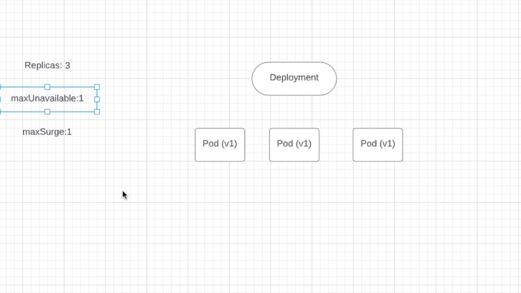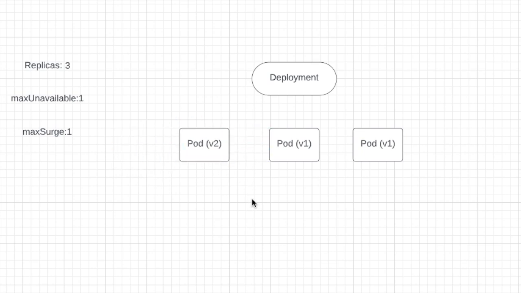This means the maximum number of pods that can be unavailable during the update process. So if we visit the update process again, it creates a new pod and terminates the old one.